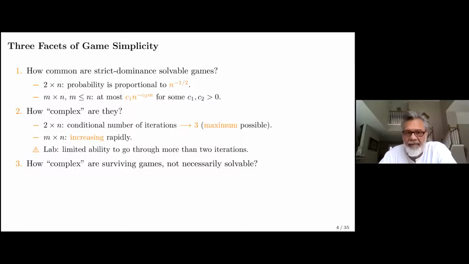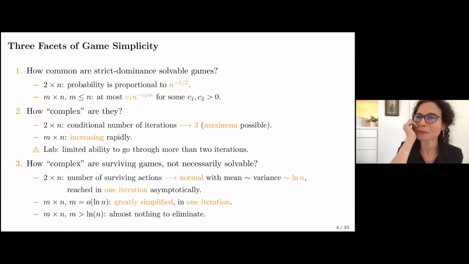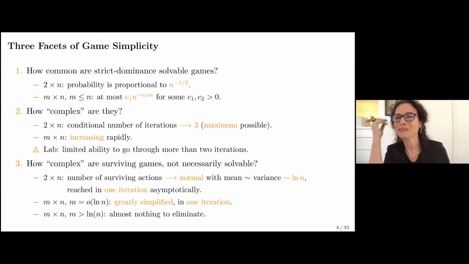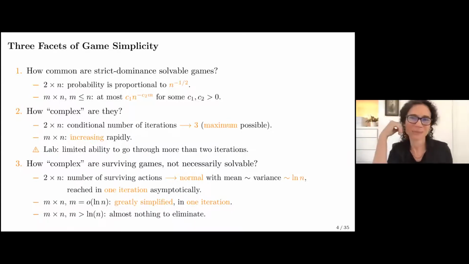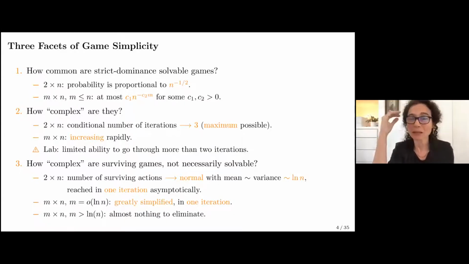All right, and the last question pertains to how complex surviving games are. What we'll show you is that there's a bit of a silver lining to our other 2 types of results. So for example, for 2x(n) games, and in fact, as long as one of the player's action sets is relatively small compared to the other one, the number of surviving actions is going to account for a limited fraction of the actions.